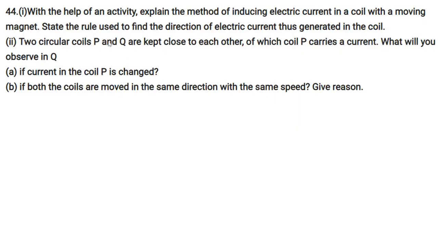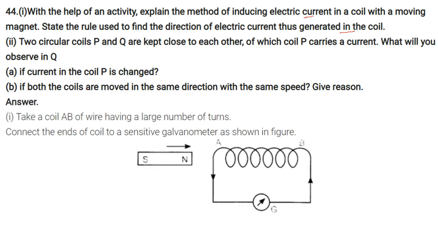With the help of an activity, explain the method of inducing electric current in a coil with a moving magnet. State the rule used to find the direction of electric current thus generated in the coil. We have to take a coil AB of wire having a large number of turns, N turns. We connect the ends of the coil with a sensitive galvanometer, as you see here.